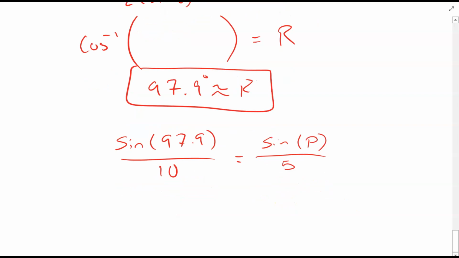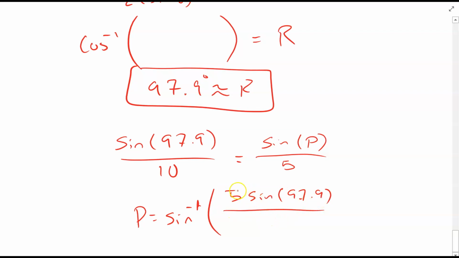So if I cross multiply, divide, and then take the sine inverse, I'll do that in one step so I don't have to leave the blank set of parentheses.